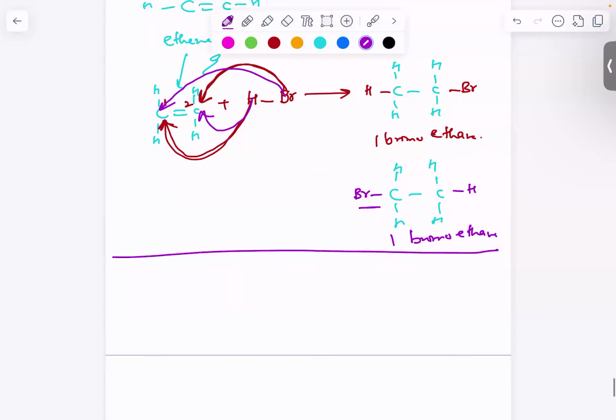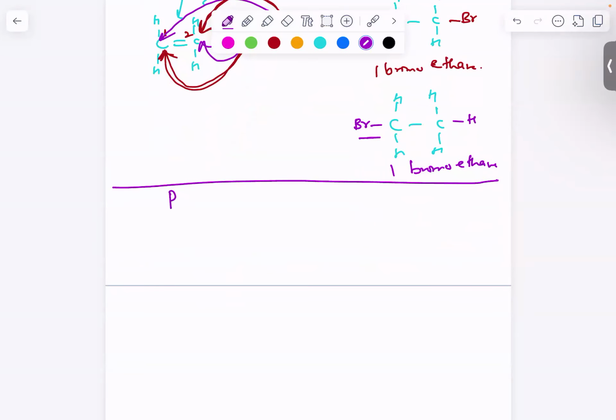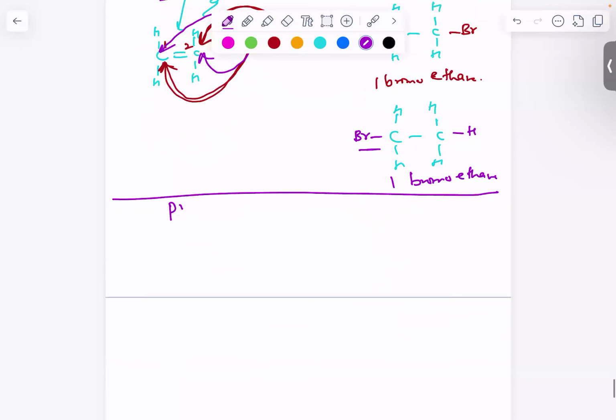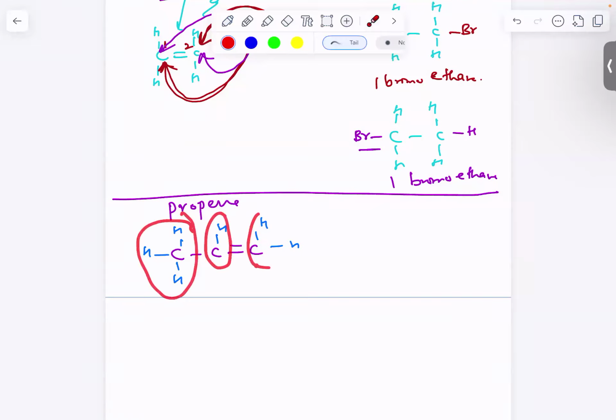However, if I take propene, the very next member, this is ethene, and now I'm taking propene. So, when I take propene, one, two, three, and let me now counterbalance it. So here it is. It becomes CH3, CH, and CH2.